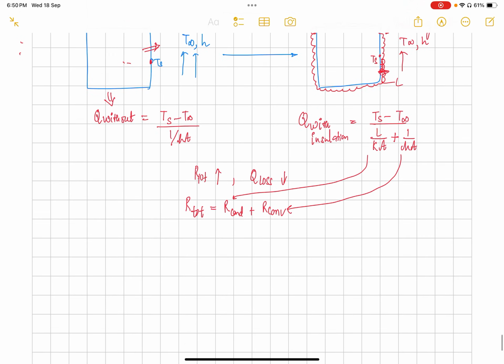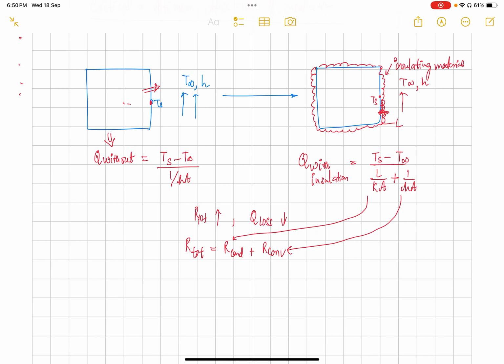So for the same temperature drop, if we are insulating the outside surface of this type of body, the total resistance will increase and heat loss will decrease. And that was our objective, to reduce the heat loss by insulating the material.